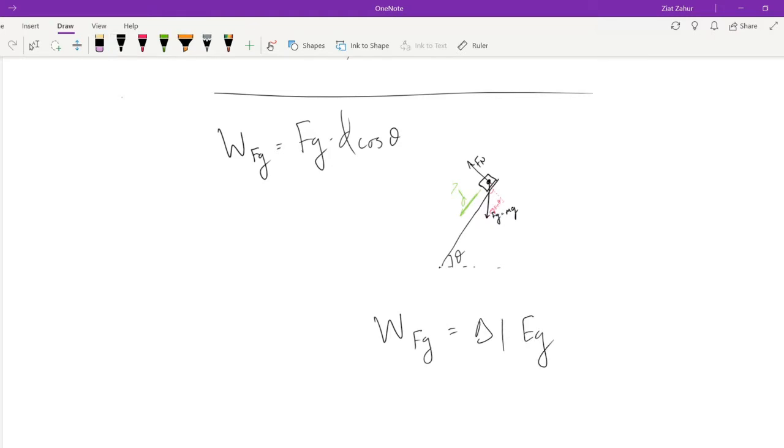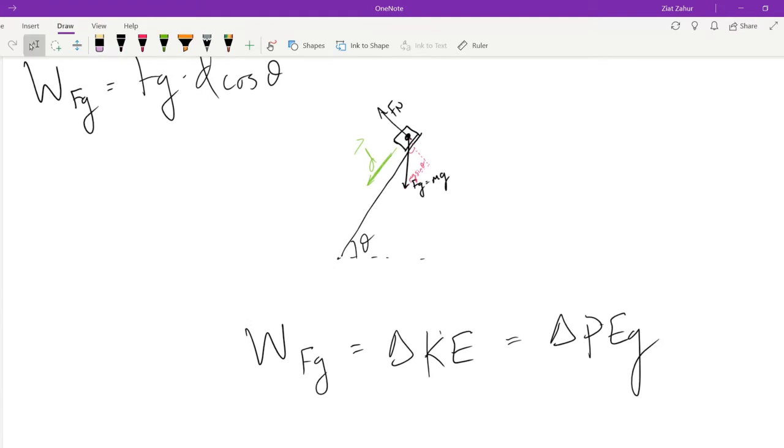Or sorry, I should say equal to the change in kinetic energy. Gravity is going to accelerate me. And the change in my kinetic energy will be straight from the gravitational potential energy, right? And so we look at the height differential for that.